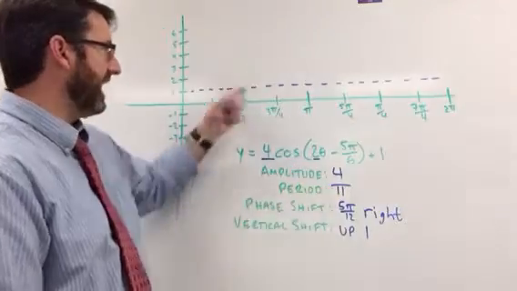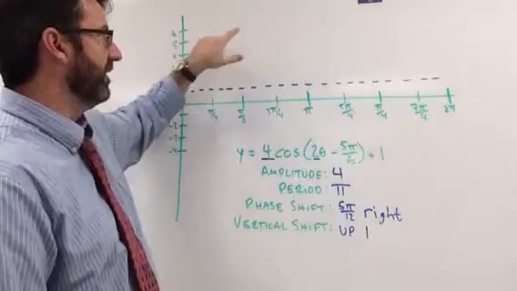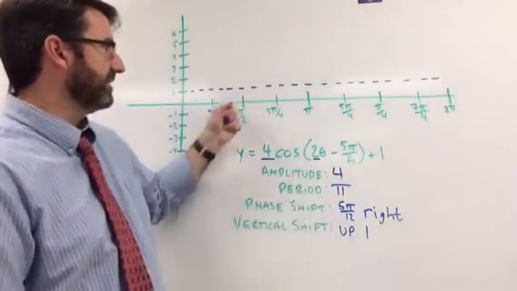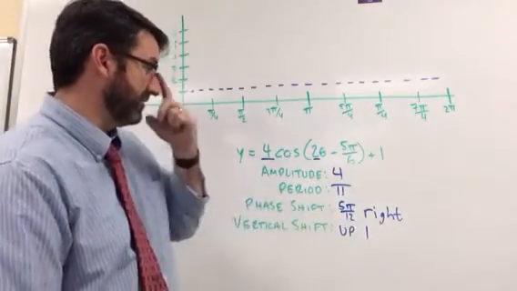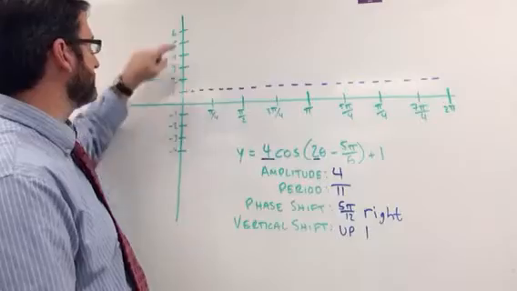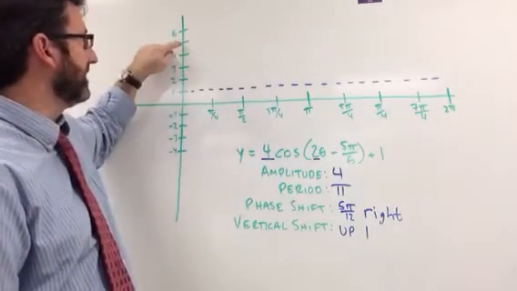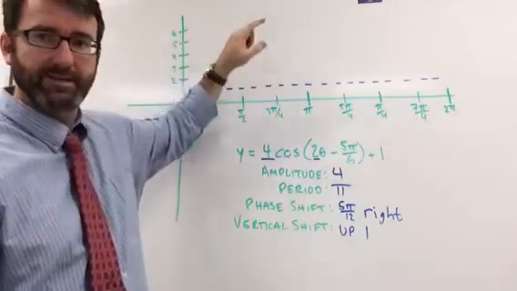The period is pi. So wherever we start this, we know that we're going to be back to where we were at the start after pi radians. And then the phase shift is 5 pi over 12 to the right. So the cosine function starts at the maximum, but instead of starting this at 0, we're going to shift 5 pi over 12 to the right.